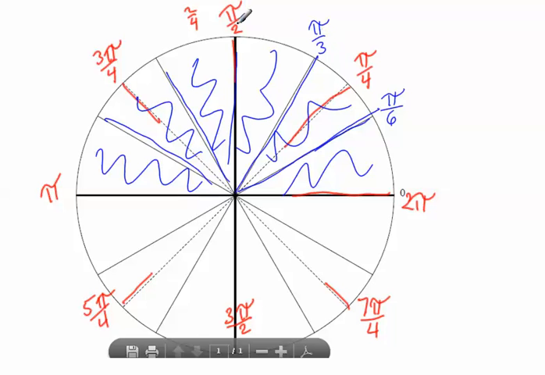Right here, that was 2/6. This is 3/6. 3/6 is the same as 1/2. So we've already got that one labeled. 4/6 is what we have here. 4/6 reduces to 2/3. So we've got 2 pi over 3. This one right here, that was 1/6, 2/6, 3/6, 4/6, 5/6 pi.